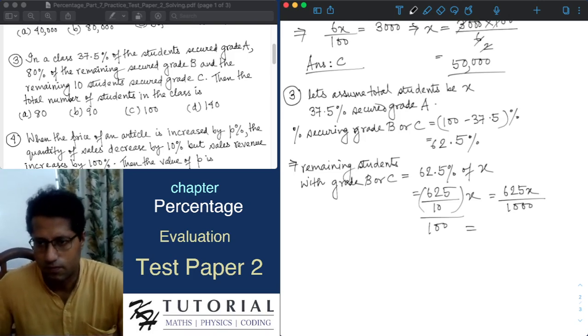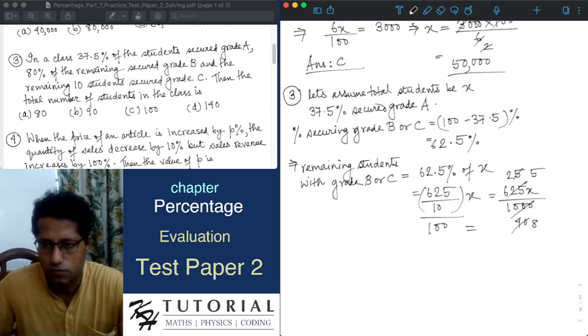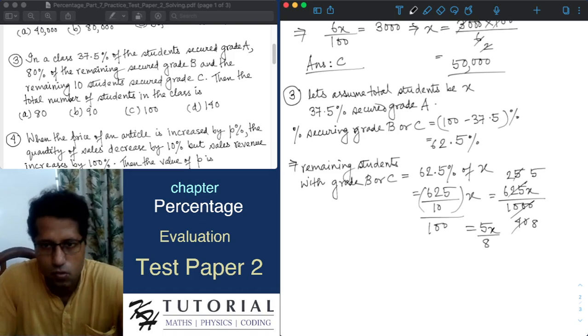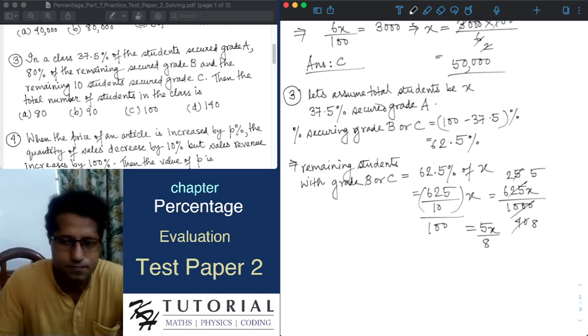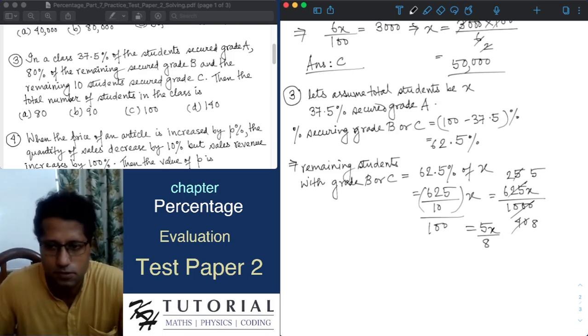If we simplify further, dividing by 25, this is 5x by 8. 5x by 8 is the number of students who got grade either B or C. That is the 62.5% of the total number of students.